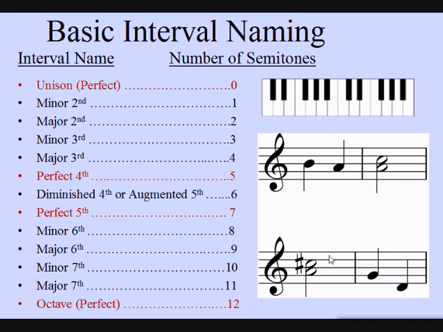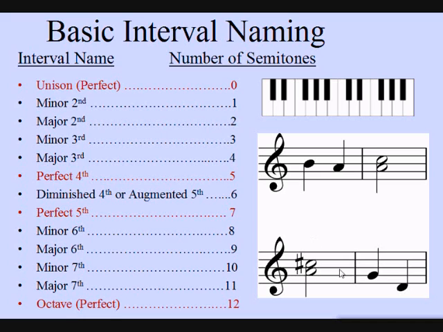We remember that keyboard count starts with 0. 0, 1, 2, 3, 4. This is 4 semitones away from each other. Therefore, this is a major third. And it makes sense because the previous one is a minor third. If we just add 1 semitone by sharpening the C, then we have a major third.